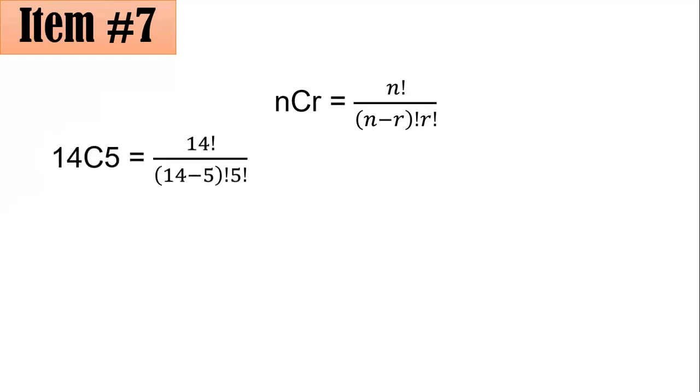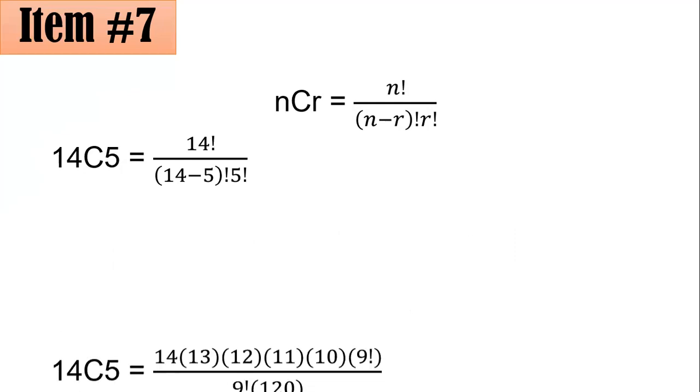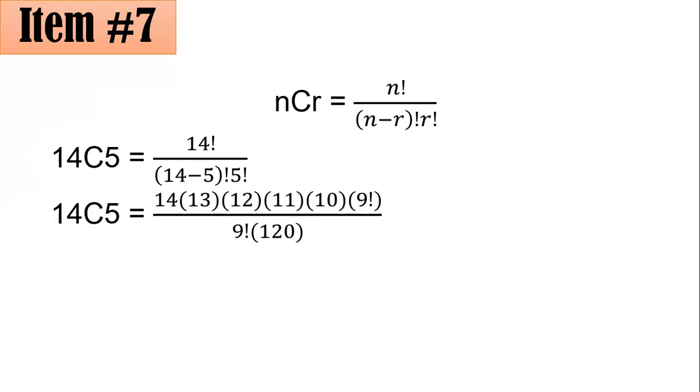With n equals 14 and r equals 5, we have 14 combination 5 equals 14 factorial all over 14 minus 5 quantity factorial times 5 factorial. This could be simplified as 14 times 13 times 12 times 11 times 10 times 9 factorial all over 9 factorial.